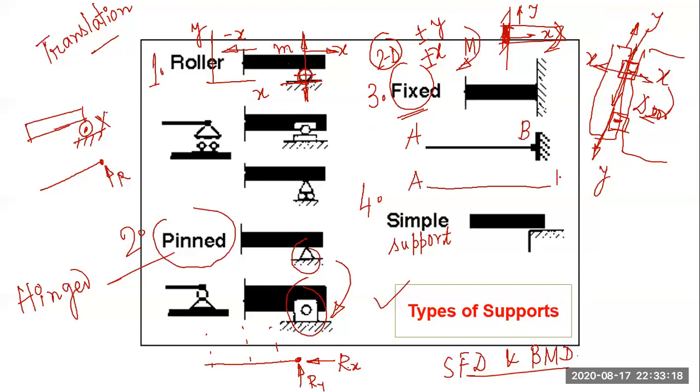At point B, the x direction motion is restricted, so show x direction reaction, either left side or right side, say RBX. Y direction motion is restricted, so show RBY. Now the moment is also restricted, so show either a clockwise or an anti-clockwise moment at point B.